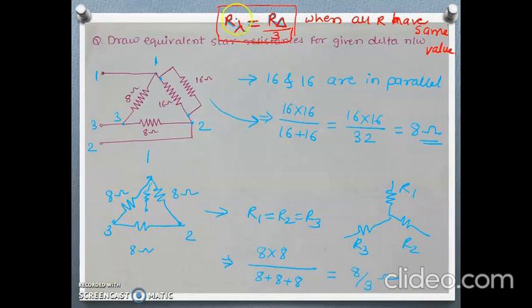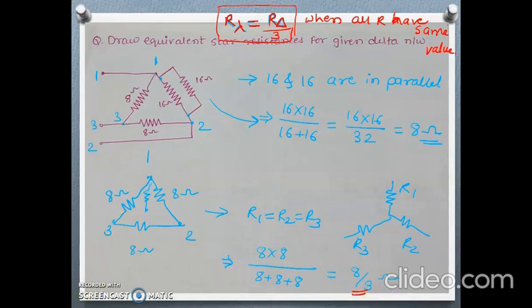Apply this here: these 8, 8, 8 are the same, so its equivalent resistor in star will be that resistor divided by 3. So no need to calculate, we can directly identify this.